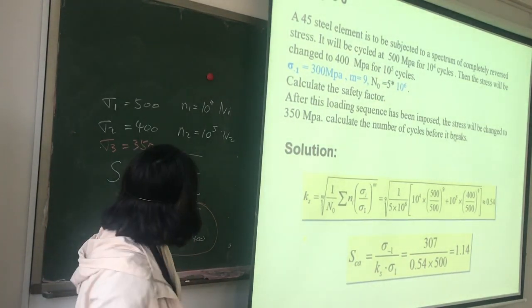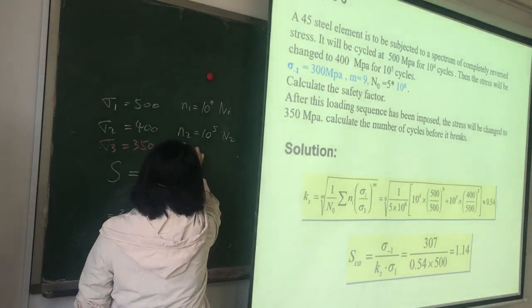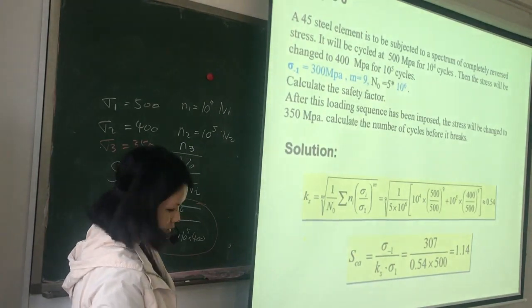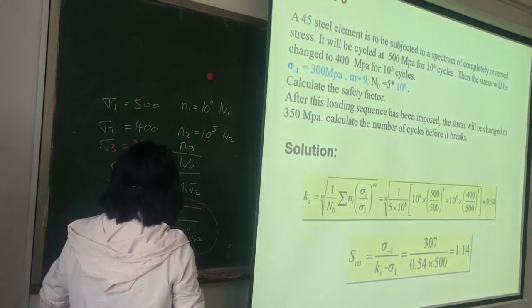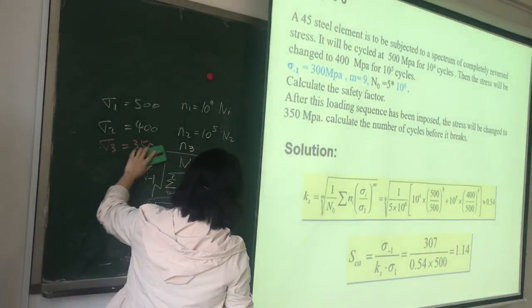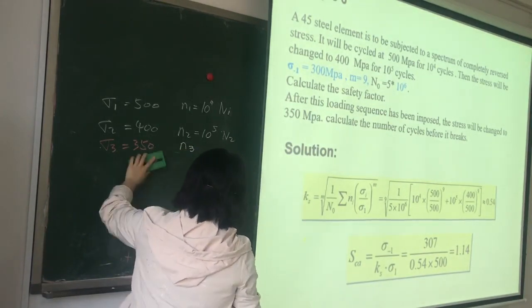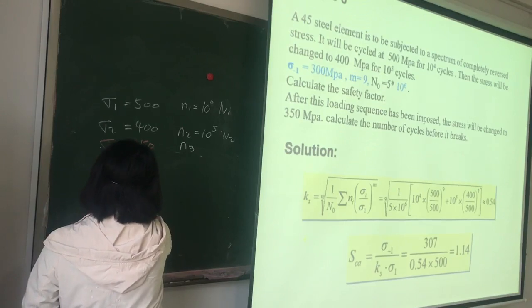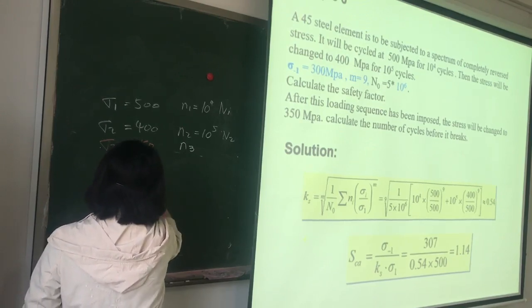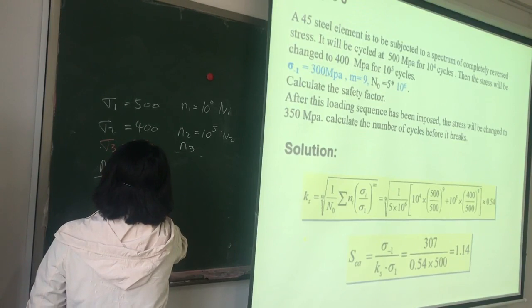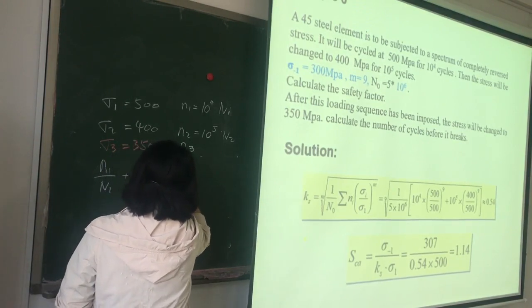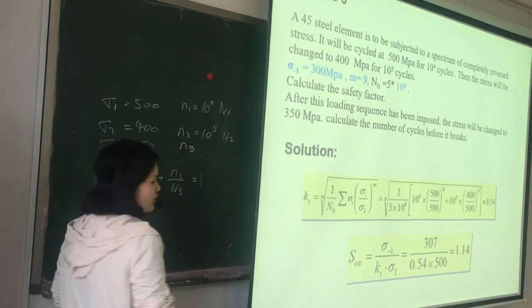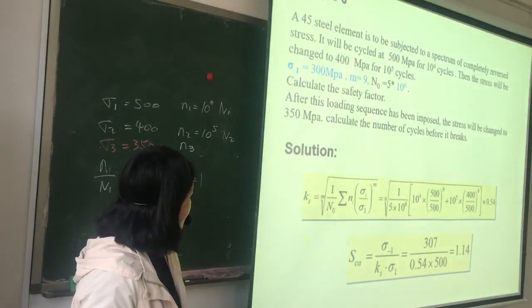We should calculate N3, and we also have n1 divided by N1, n2 divided by N2, and n3 divided by N3 equals 1.